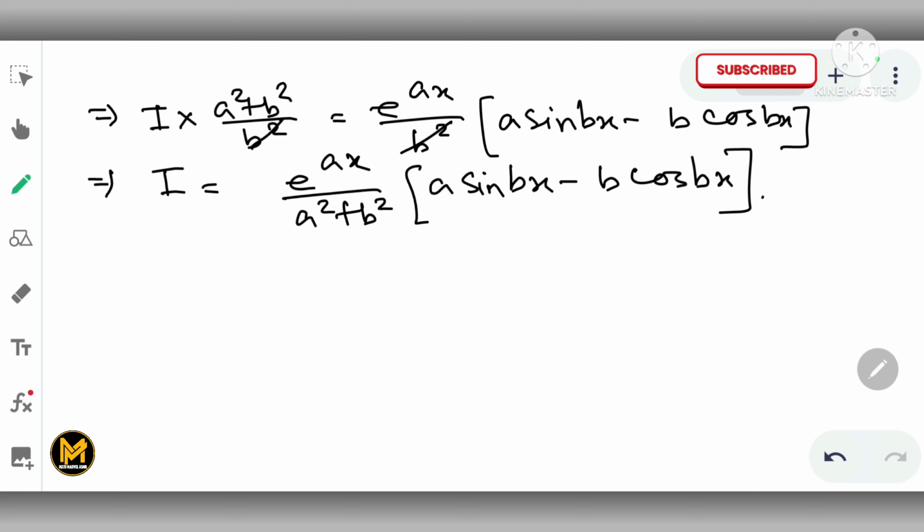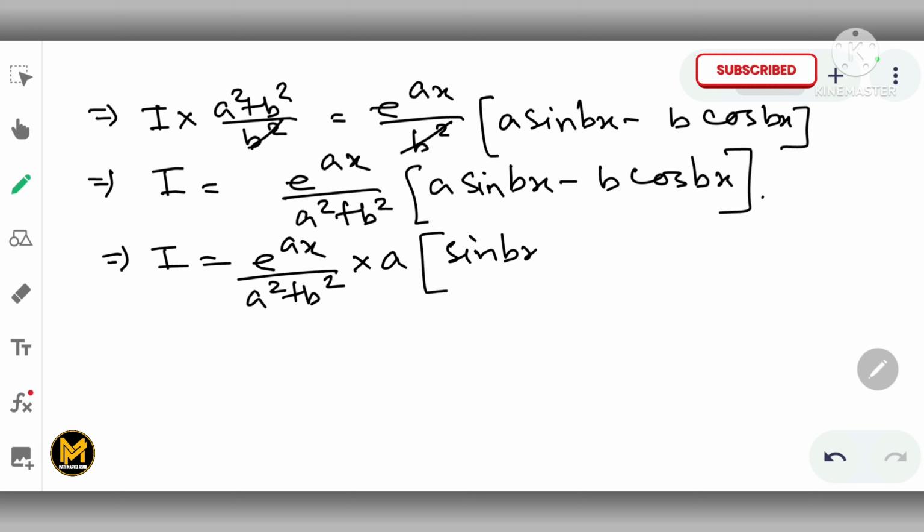We have proved this. From this step we will get another form where we take a common from the total part in the bracket. So we will take a common. It will be sine of bx minus b by a cos of bx.